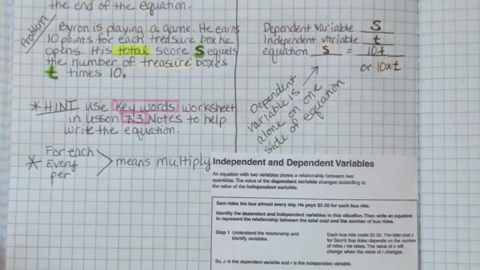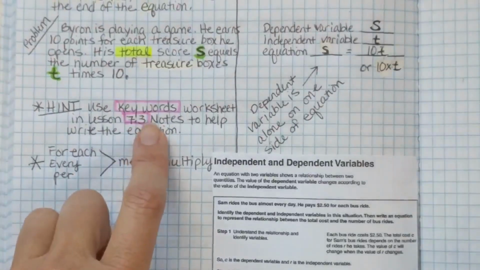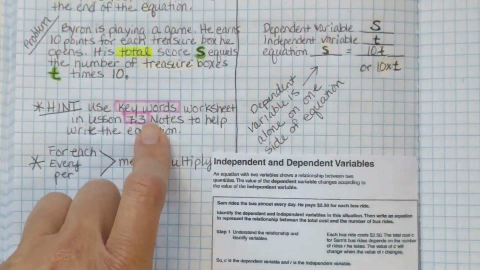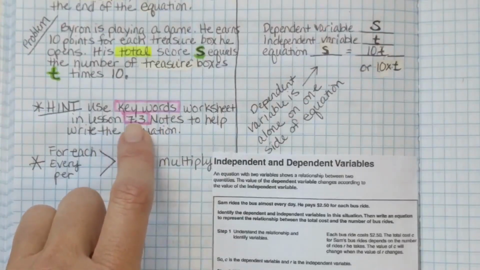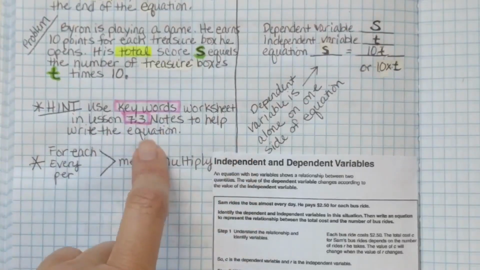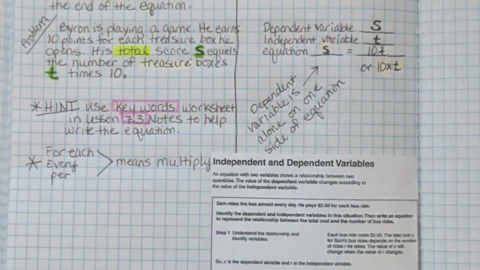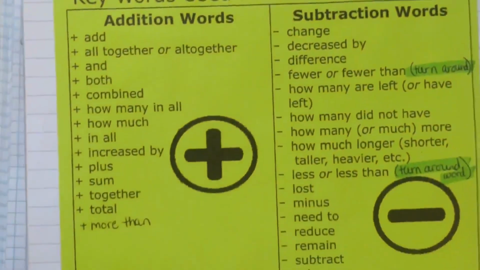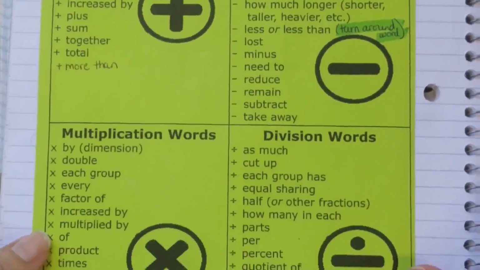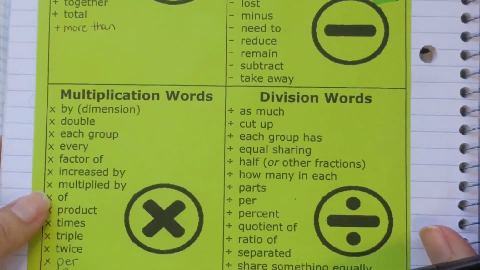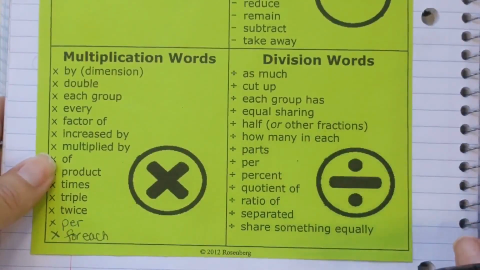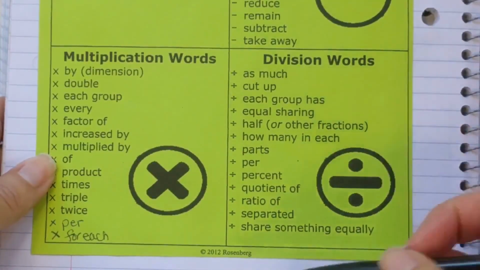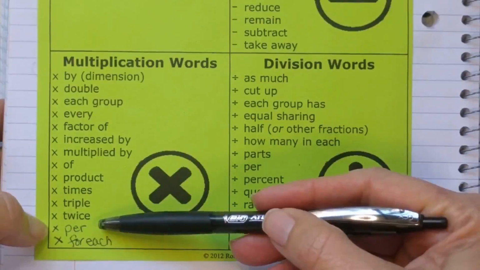All right. Hint. Go back and use your keywords worksheet in lesson 7.3 notes to help you write the equation. So, if you'll recall, these words will help you write the equation because they remind you of what operation is happening. And I wrote in a couple extras.